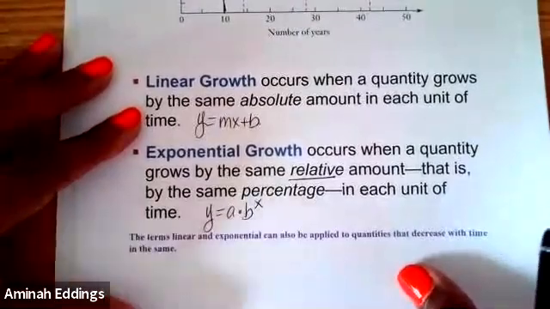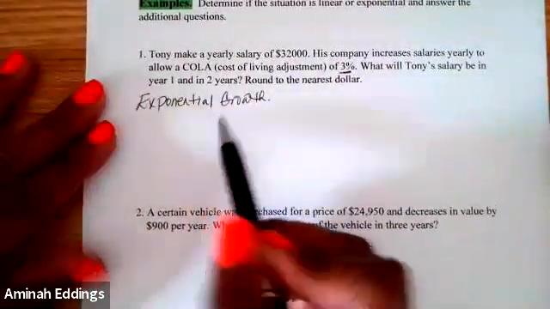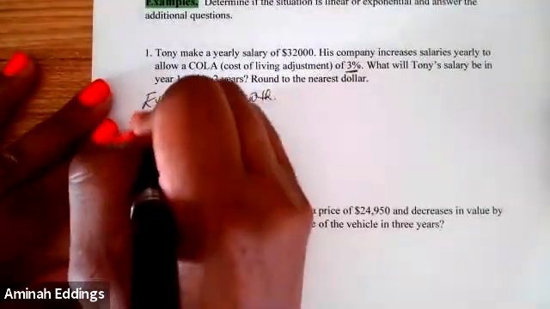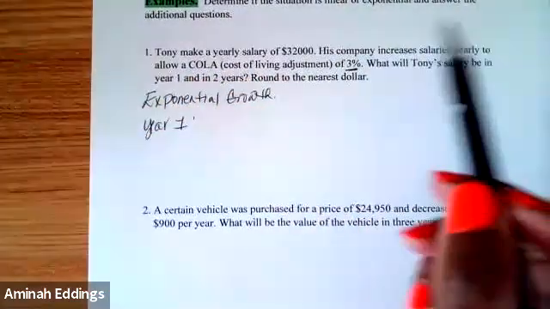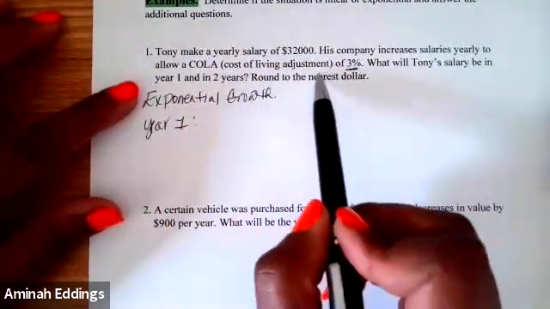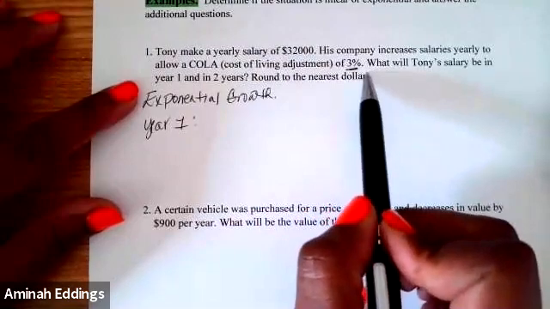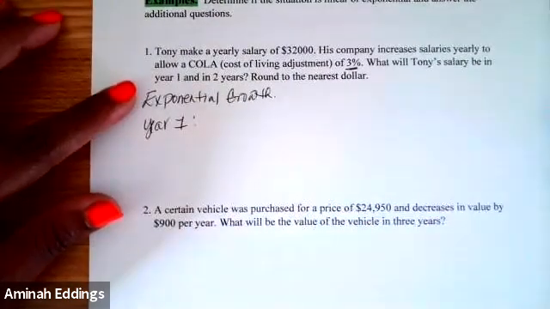All right, so now let's go back. So we know that this is exponential growth. So in year one, if he started at 32,000, then with the cost of living adjustment of 3%, he's going to be what at year one?